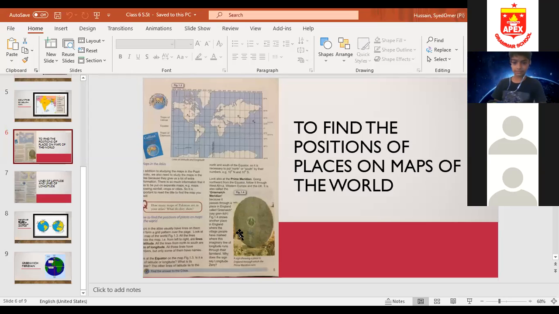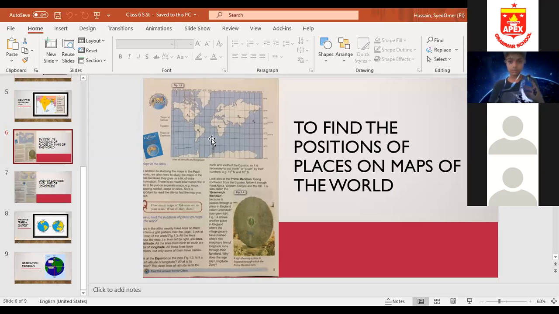Now, villagers have just shown a sign to represent the Greenwich Meridian. What are they telling you? That this sign is telling us that it is passing on 0° longitude. So why does the sign say longitude 0?